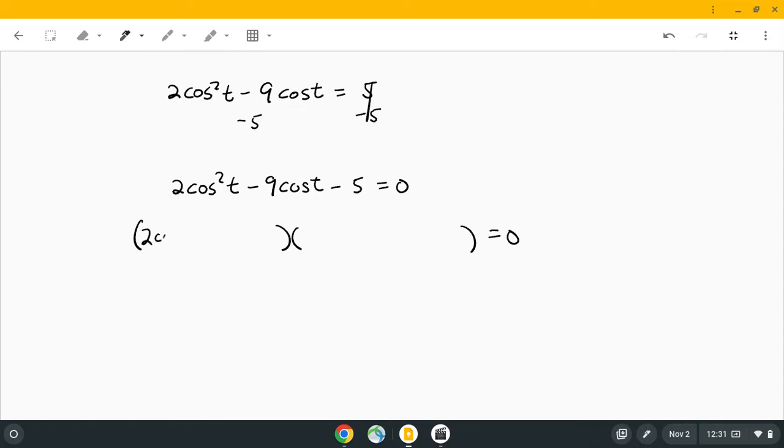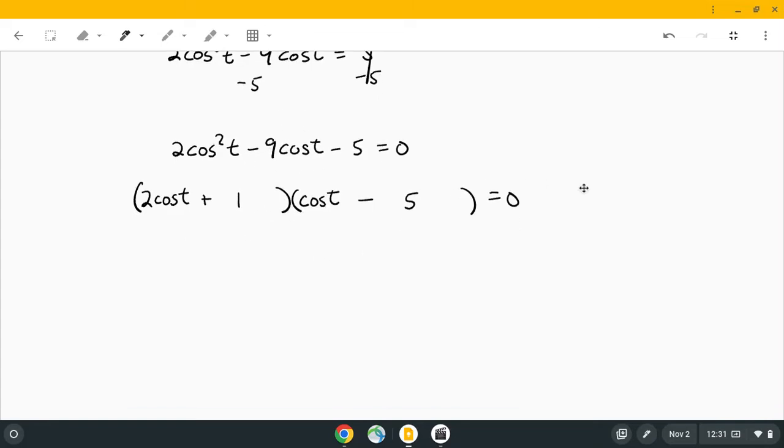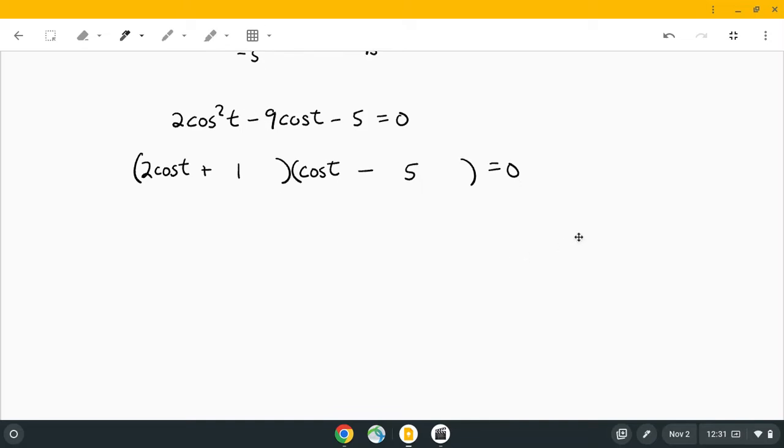So it's going to be 2 cosine t times cosine t to give me 2 cosine squared. And I want negative, so it's going to be 1 positive, 1 negative. There's only one way to make 5, and that's 5 times 1. And this here, negative 10 plus 1 gives me the negative 9 in the middle. So this is the correct factorization.